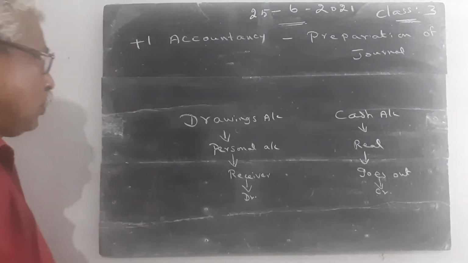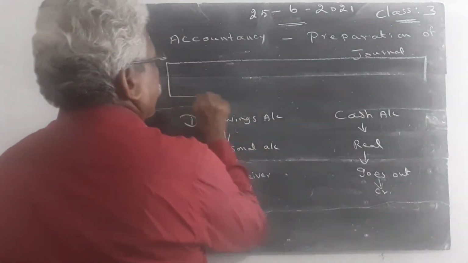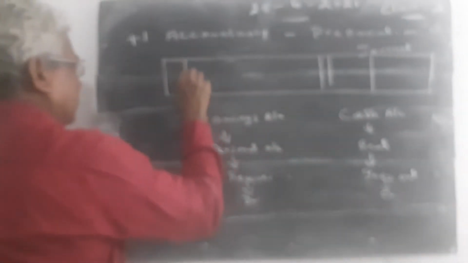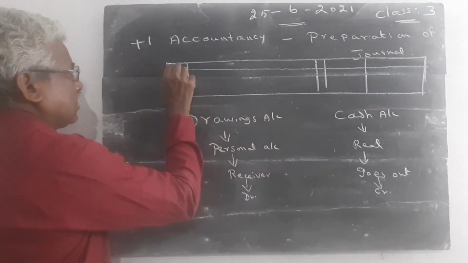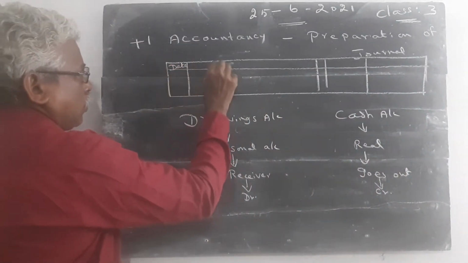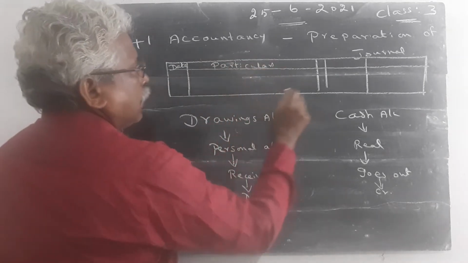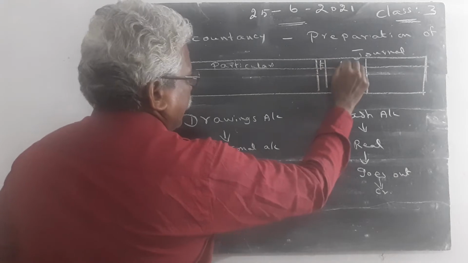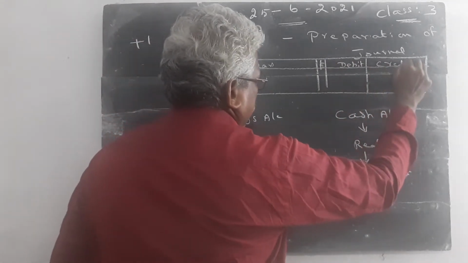In the accountancy notebook, these columns are drawn. First column, date, particulars, ledger folio, debit, and this column is credit.